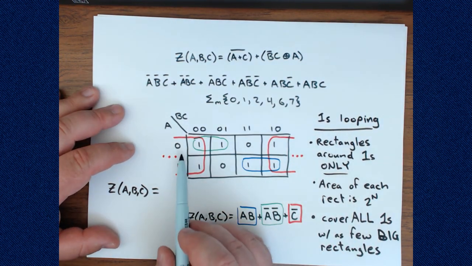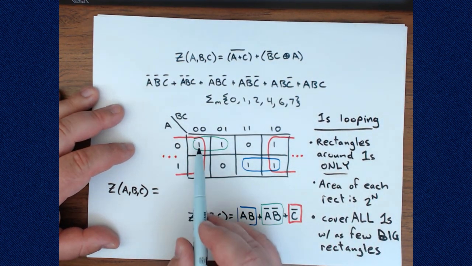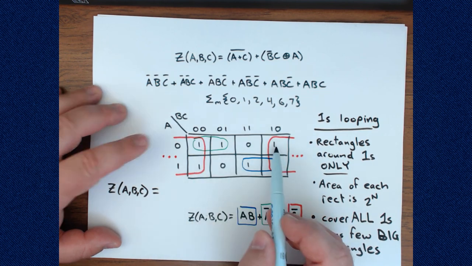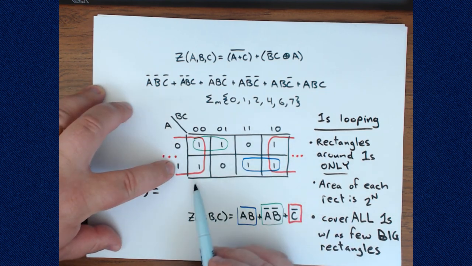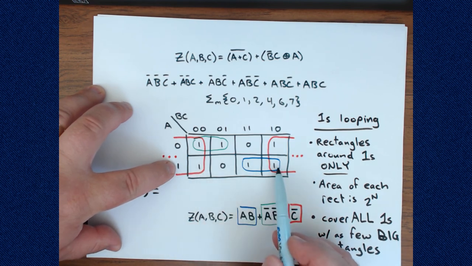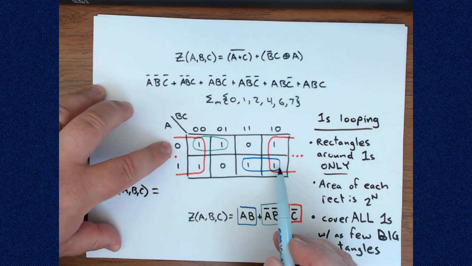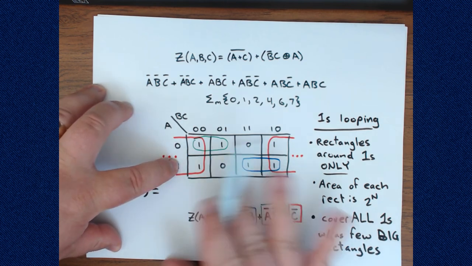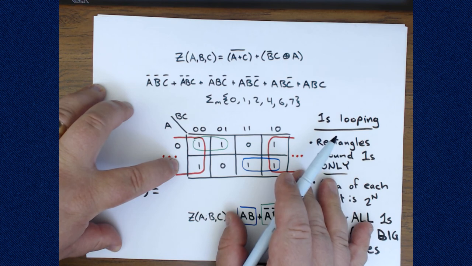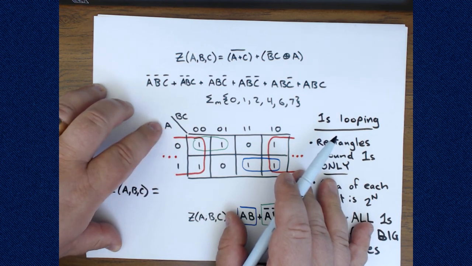So I can see A, for example, to get to this one and this one, A has to be a 0. But A has to be a 1 to get to this cell and this cell, which are also part of this loop. So what does that mean? Well, it means A doesn't really determine whether I'm in this loop or not in any way at all. So A is not going to be a variable in this product.